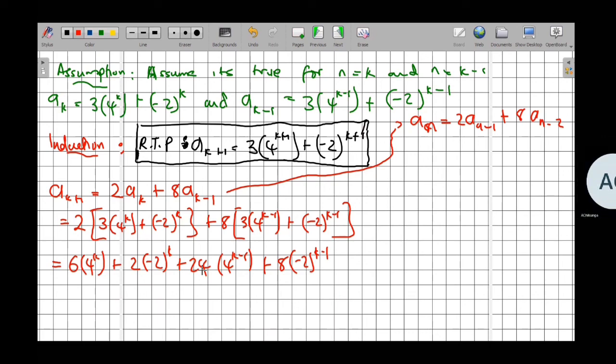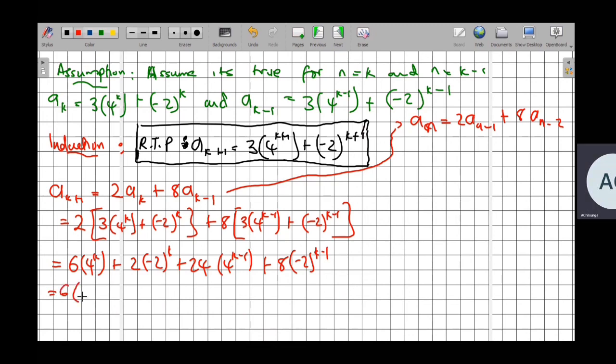All right. So that looks like we've got something else. What do we have now? You're going to separate 4^(k-1).